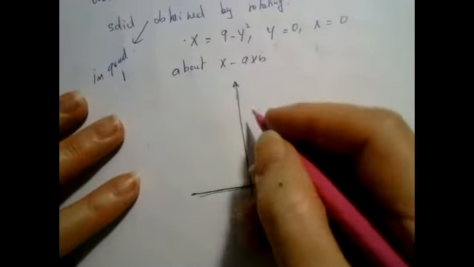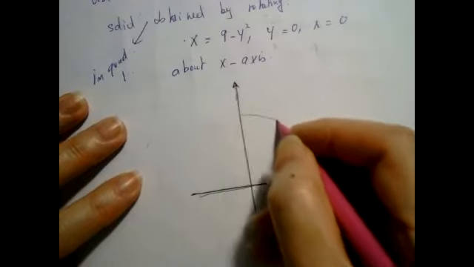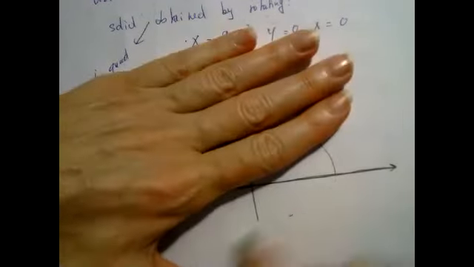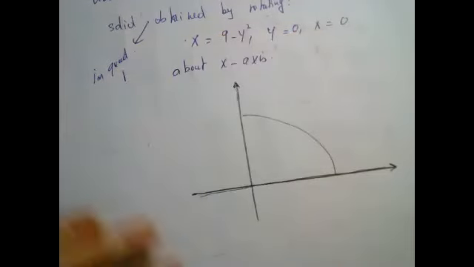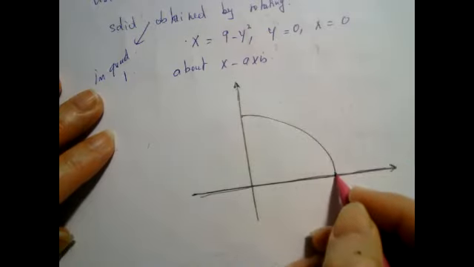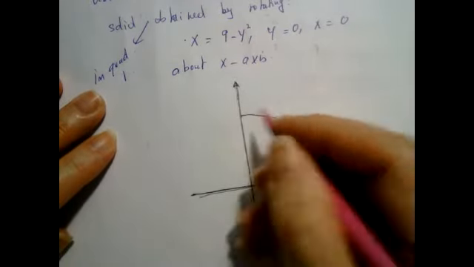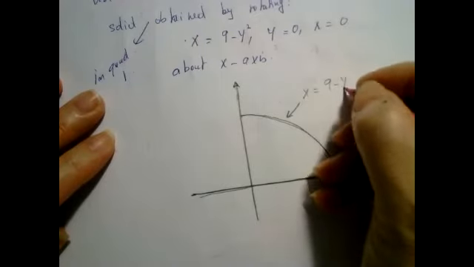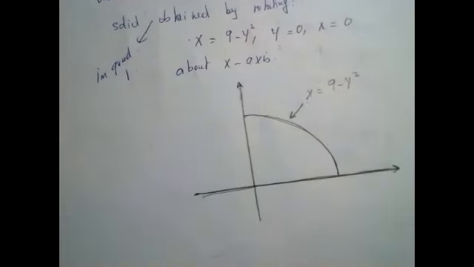So x equals 9 minus y squared is going to be something like that. Basically, it should keep going, but I want the first quadrant, so I'm not interested in the bottom part. So that's really my region, this one. This is x. I'm giving x in terms of y. I didn't have to, but to make the problem slightly easier.